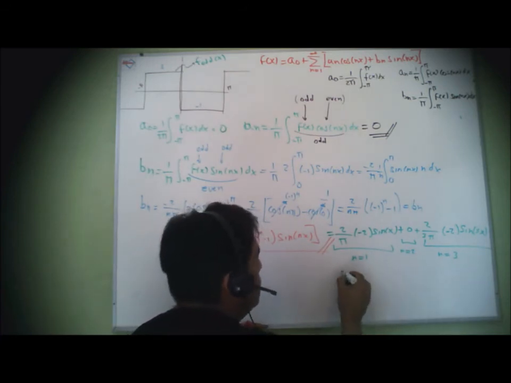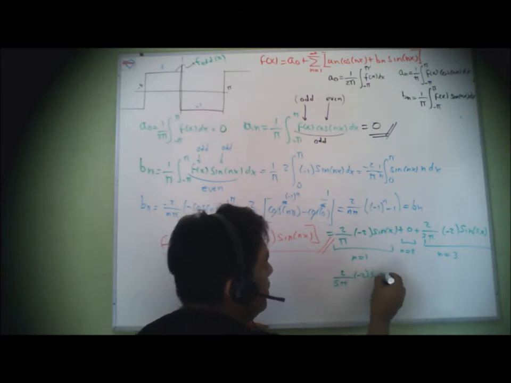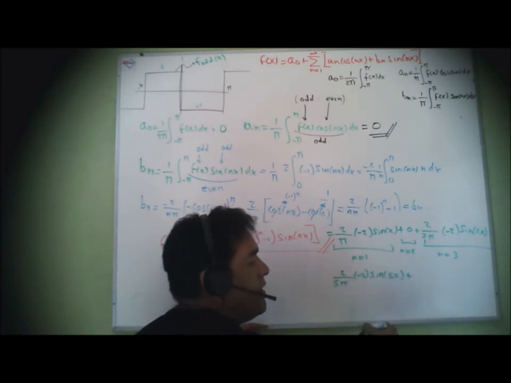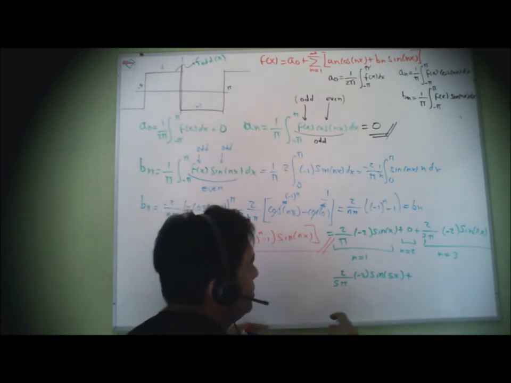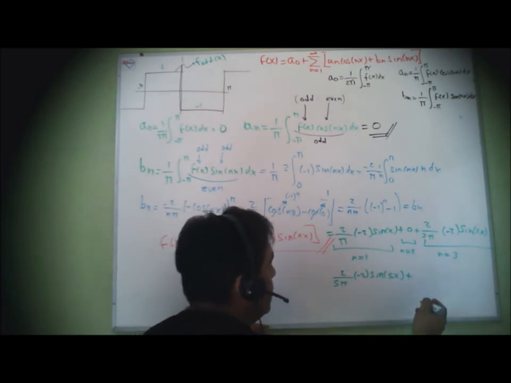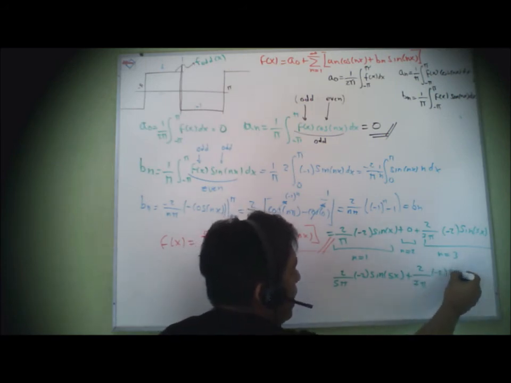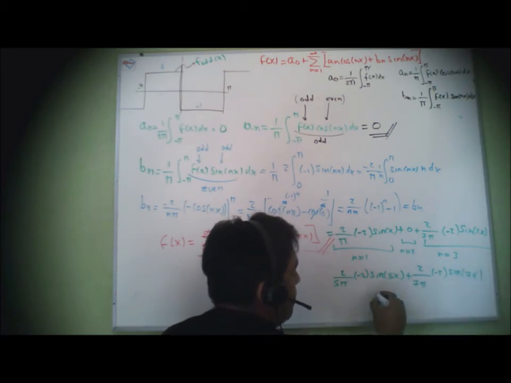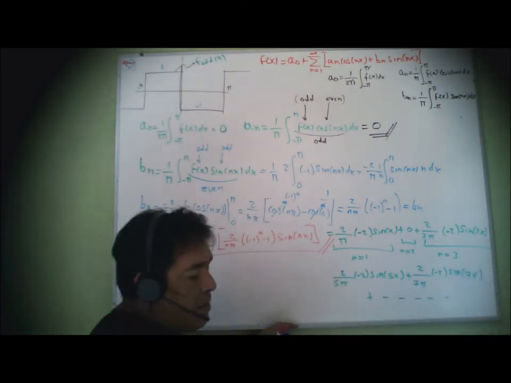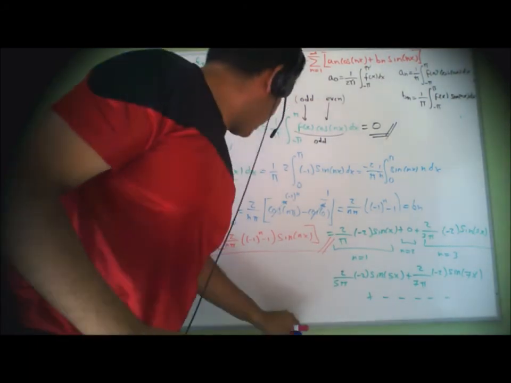So it's going to be 2 over 5 pi, and then minus 2 here, sine of 5x. The next one is going to be 0, because it is going to be even. And the next one is going to be 2 over 7 pi, and then minus 2 here, sine of 7x, plus, and so on. Because this is going to go to infinity.